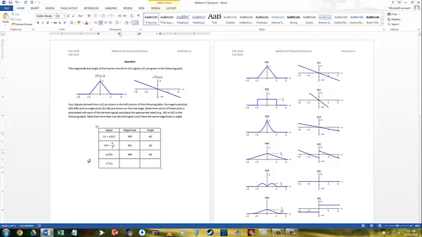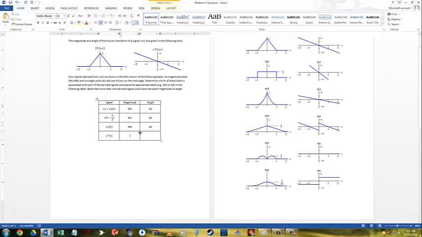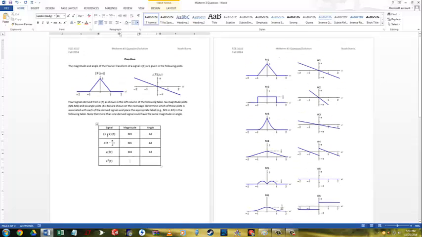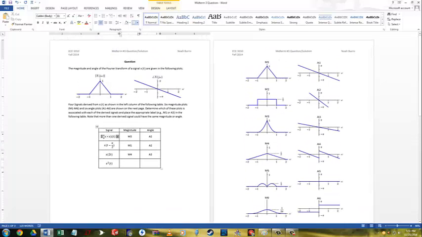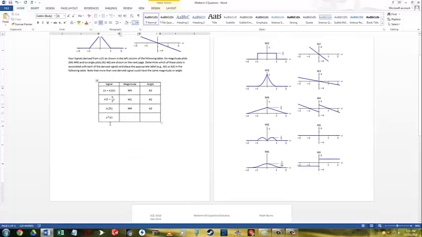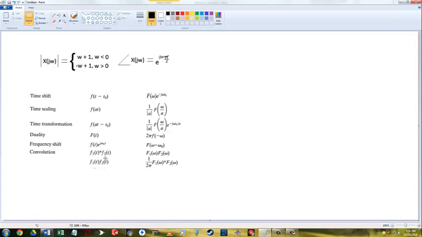Now for the last one, this one is actually a little bit tricky and a little bit involved. I'm just going to gloss over it pretty quickly. So we have x squared of t, which is essentially x of t multiplied by itself. And if we look back at our table of properties, multiplication in the time domain is the same thing as convolution in the Fourier domain.